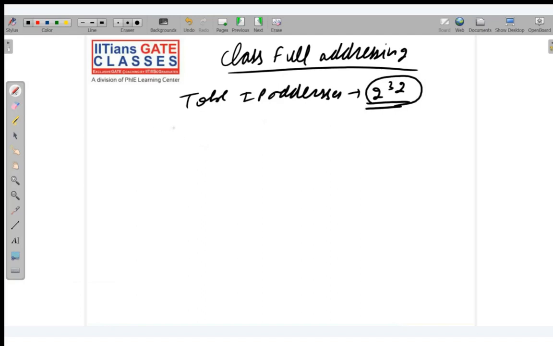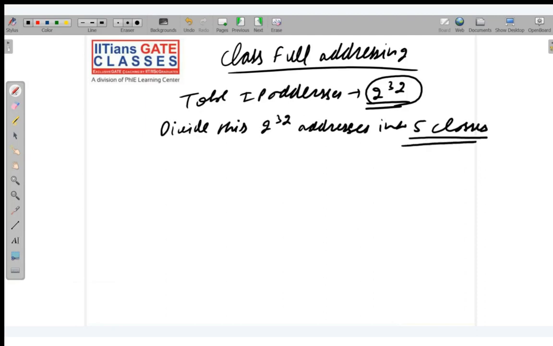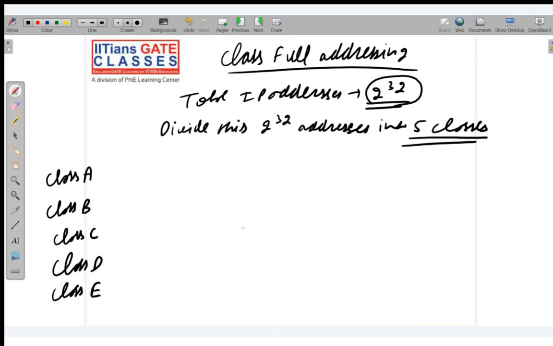Classful means dividing these 2 power 32 addresses into 5 classes. What are these classes? Class A, class B, class C, class D, and class E. Total 5 classes.